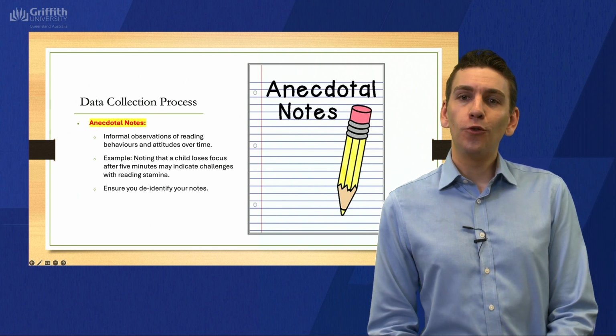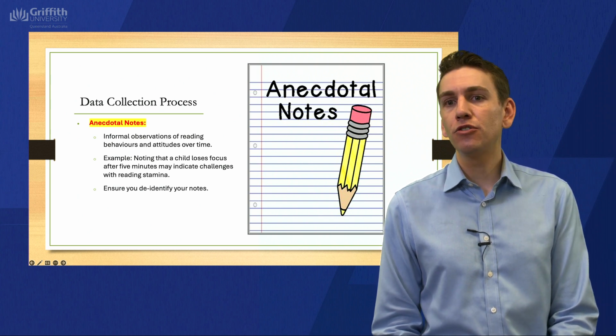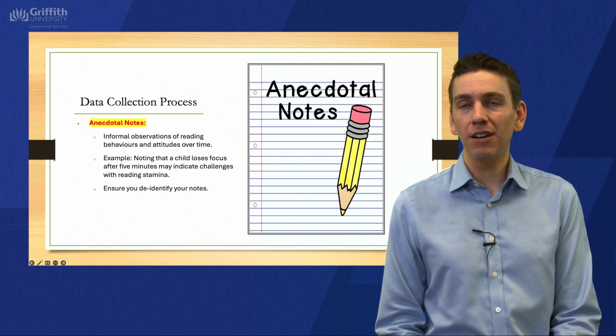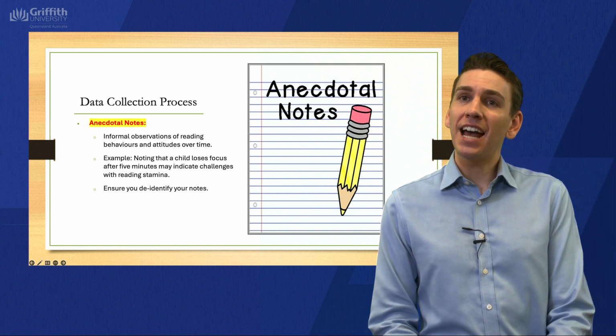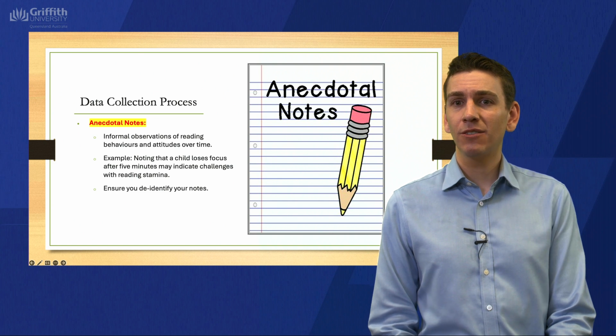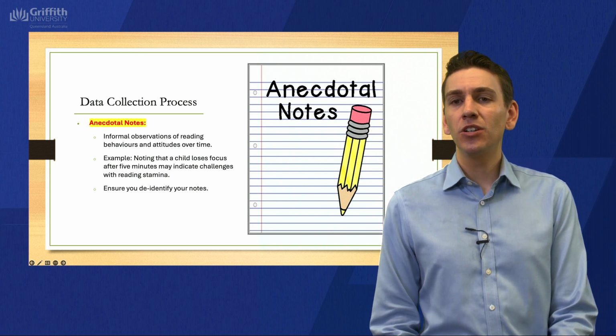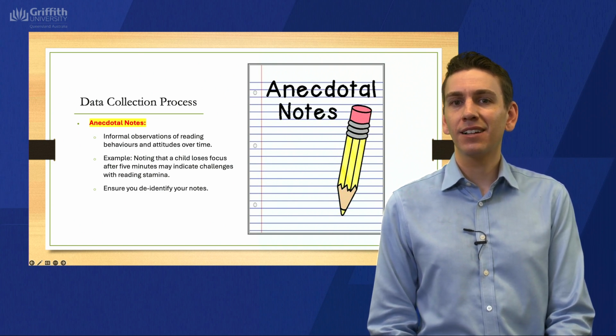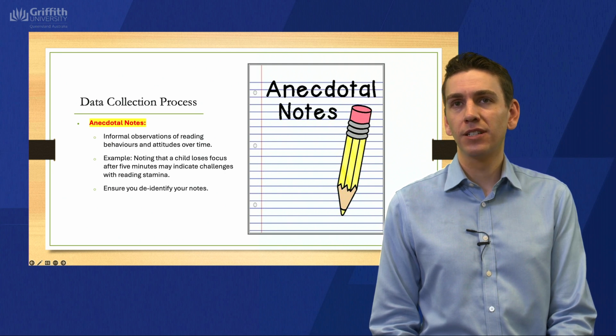But these are just informal observations that help you track a child's reading behaviour or behaviours and their attitude over time. You might do it daily, every second day there as well. But they basically give you a snapshot of how that child interacts when reading in different situations.